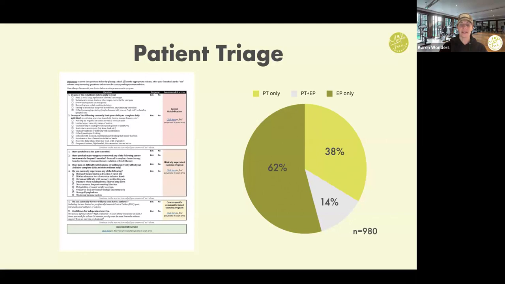Now, of that, I'm not 43, I guess it'd be 48. I can't do math in my head. 38, 38. Sorry. But essentially, about 38% were referred directly to physical therapy. And of those, 14% of those patients were able to do physical therapy in combination with exercise physiology. So you can see the distribution here of where patients go.